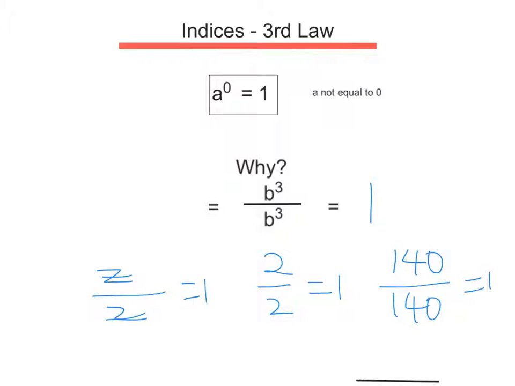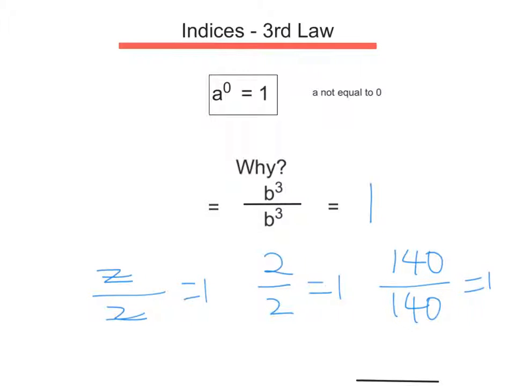Now if we go back to the second law of indices, we'll recall that when you divide two indexed variables, you get an answer by subtracting the powers. So let's have a look at this one here. Let's subtract the powers using the second law of indices.